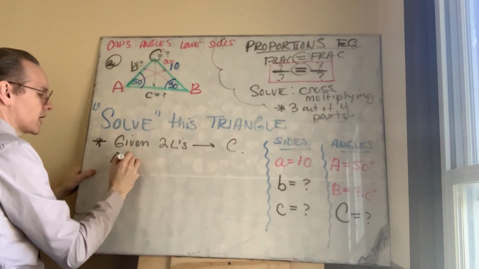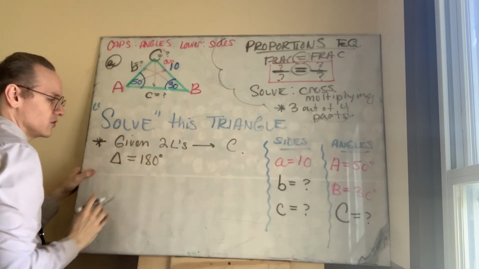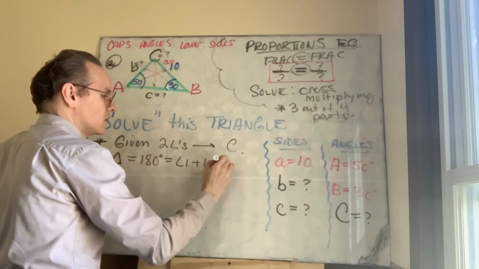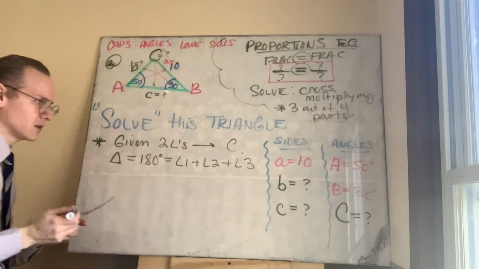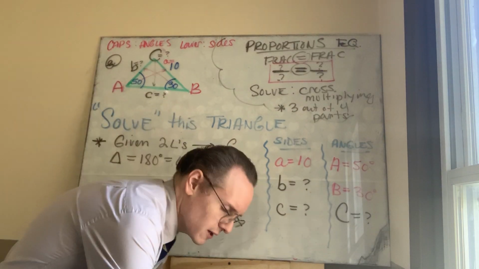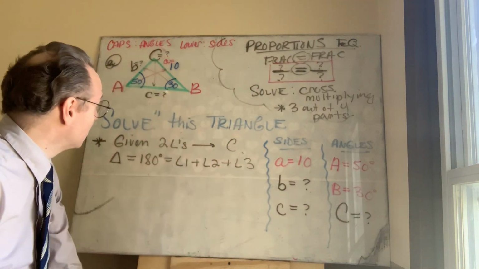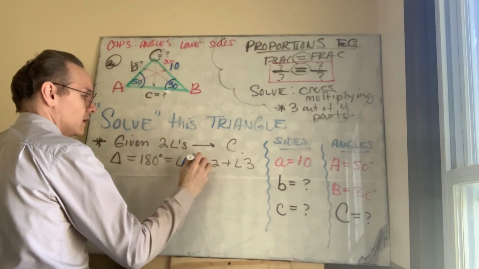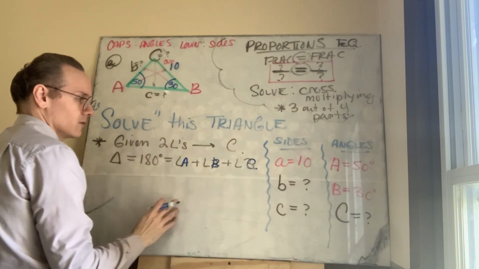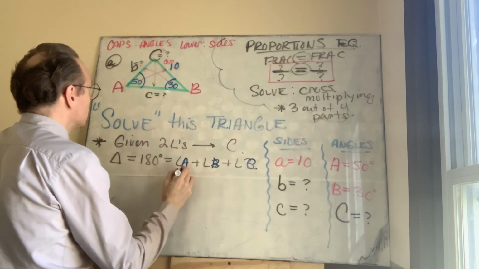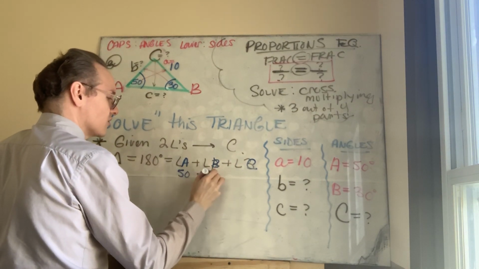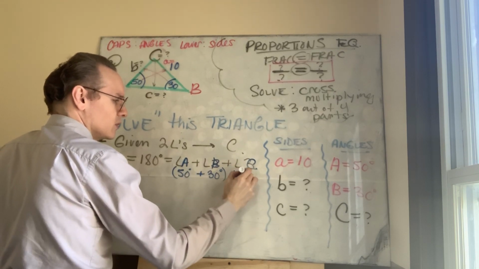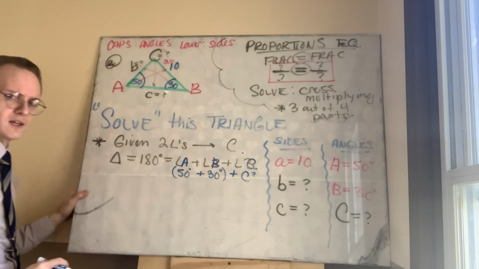How so? A triangle is automatically 180 degrees, right? And if it's a triangle, by definition, it has to have three angles, as mentioned previously. We know two of the three, therefore we have the majority of information. So if we substitute it, let's just call this angle A, B, and C respectively. Then if this is 50 and this is 30, we know their sum, and then we can figure out what C is, right, via algebra.